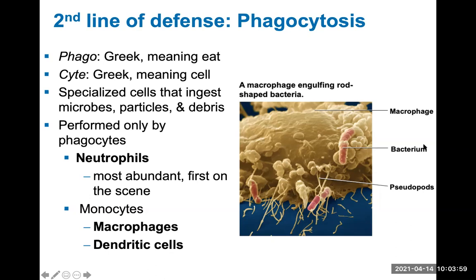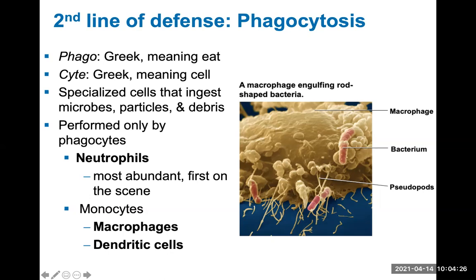You can think of them as the vacuum cleaners of the body. And of course, we're focused on them for their ability to take in microbes and kill them. Only some of the white blood cells are phagocytic, and that would be your neutrophils, your macrophages, and your dendritic cells. And again, remember, macrophages and dendritic cells come from monocytes.